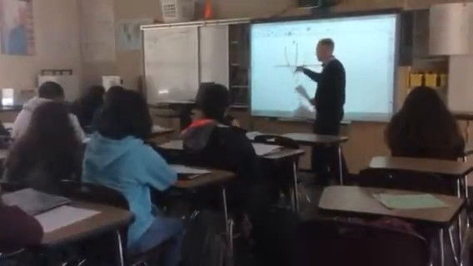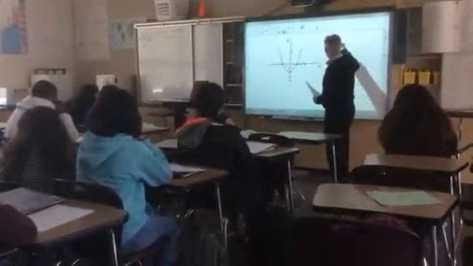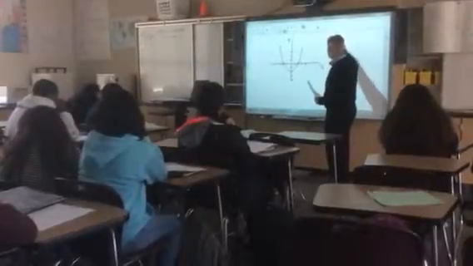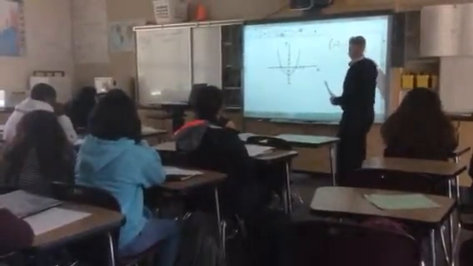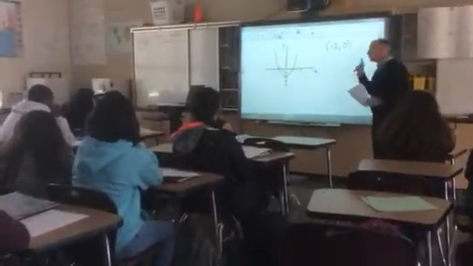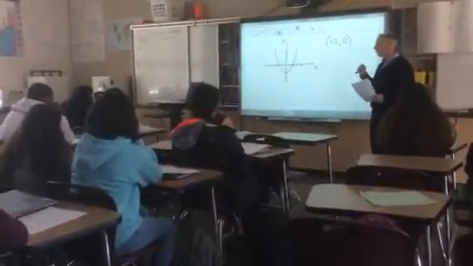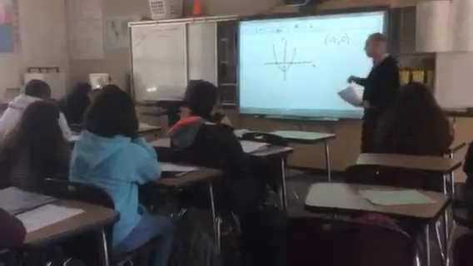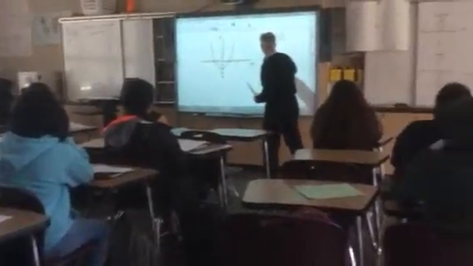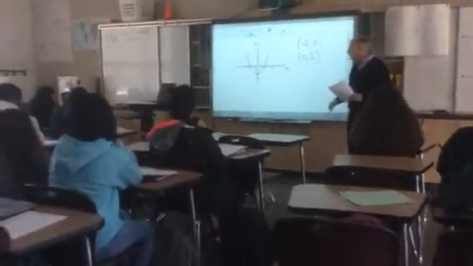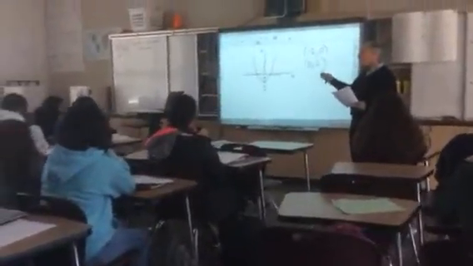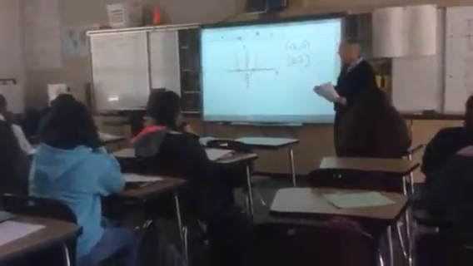So the first one is, well, to be a little bit more careful, x is -2 and y is 0. All right, so that's one x-intercept. And excellent, the other one. You did it. You're absolutely right. So those are the two x-intercepts of the graph.